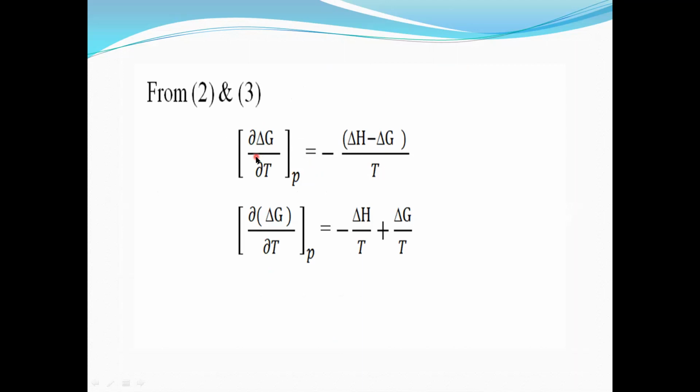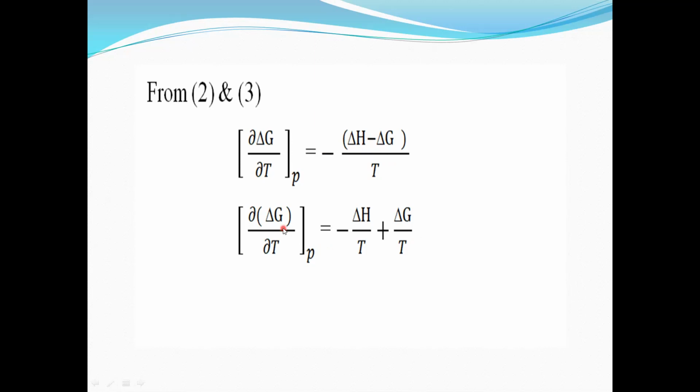Now expand this. The partial derivative of delta G with respect to T at constant pressure is equal to, now multiply this bracket by minus sign. So minus delta H upon T. Delta H we have multiplied by minus, minus delta H upon T. Now this minus and this minus get plus here, plus delta G divided by T. So we multiply this bracket by minus sign, and write the terms separately.